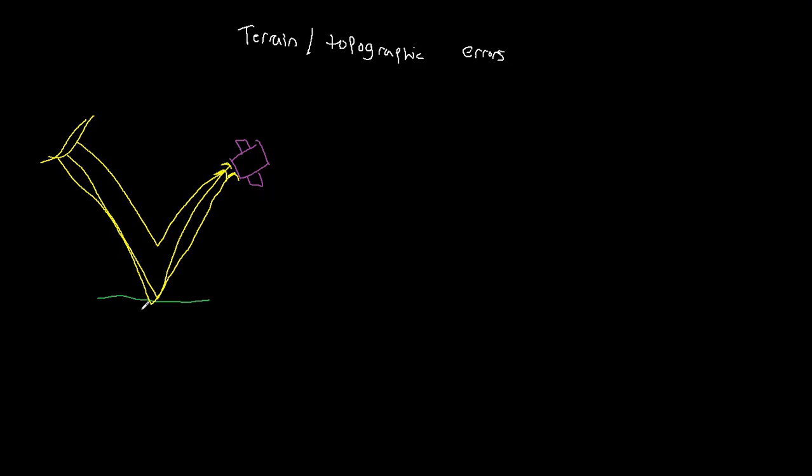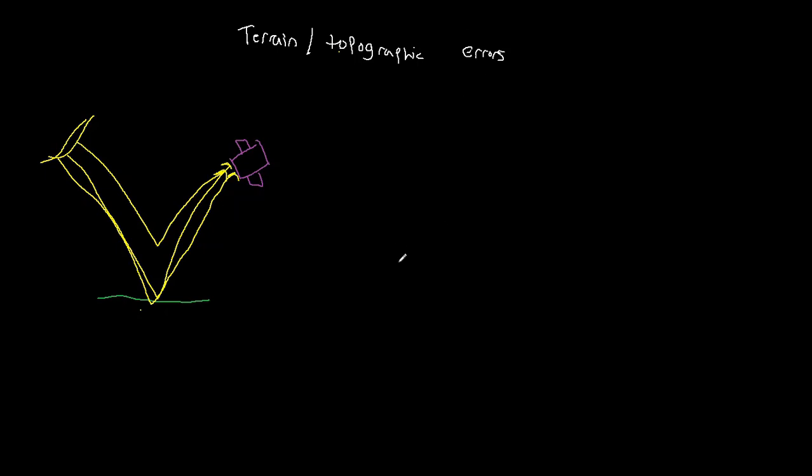We never really stopped to talk about, well, what happens here? What can we do here that might affect what we sense beyond just the idea of absorption, reflection, and transmission? And so what I want to talk about is the idea that terrain and topography can actually impact the value.